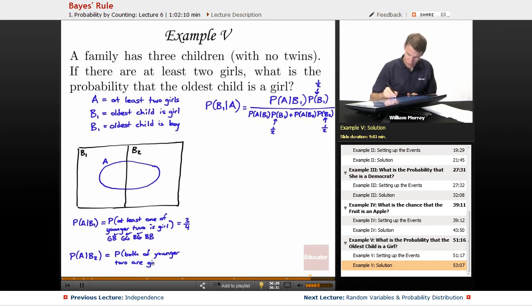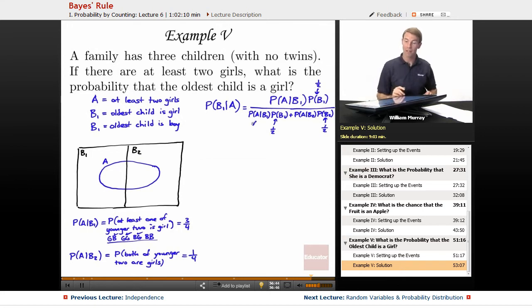And if you look at this same listing above, there's 1 out of 4 situations that gives you both of the younger 2 being girls, so that's 1 out of 4.